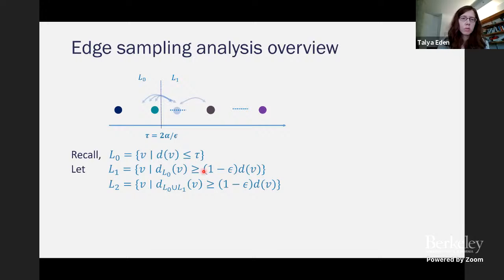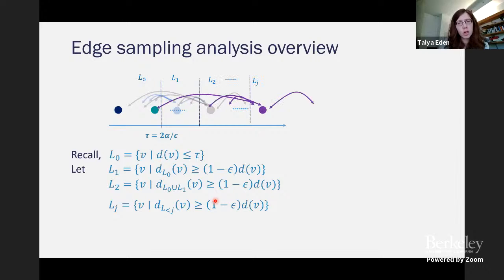Then L2, the set of vertices whose degree into both L0 and L1 is greater than 1 minus epsilon their degree. And in general, Lj, the set of vertices whose degree into all previous layers is greater than 1 minus epsilon their degree.